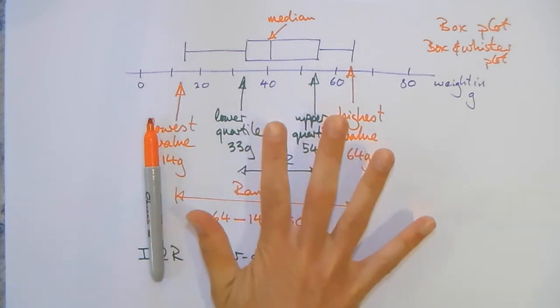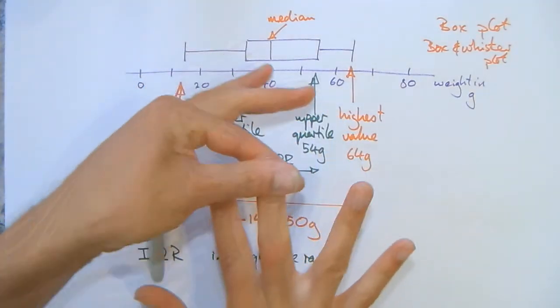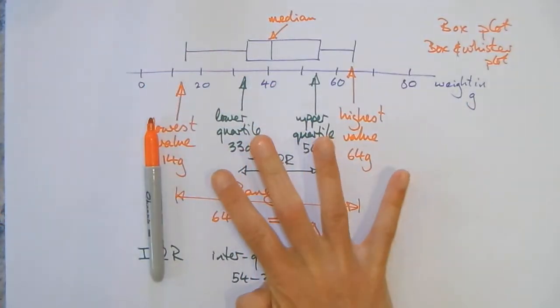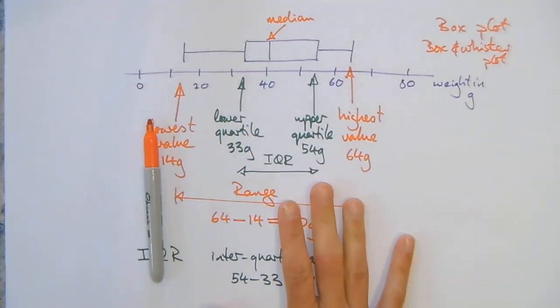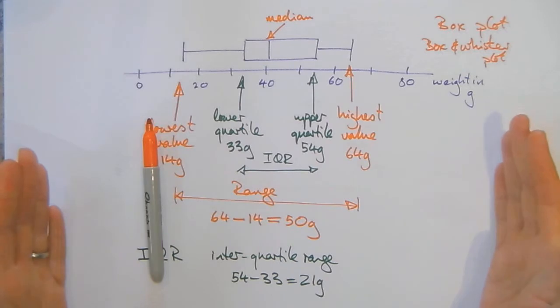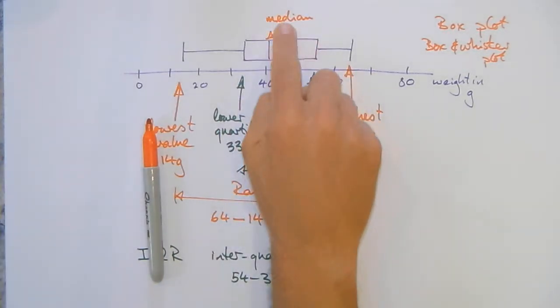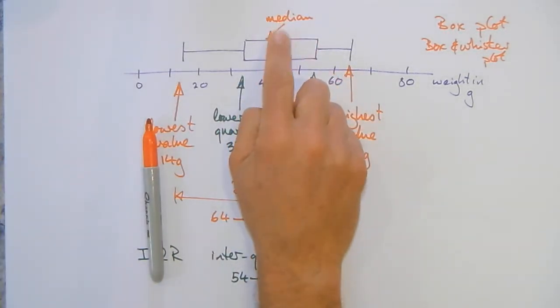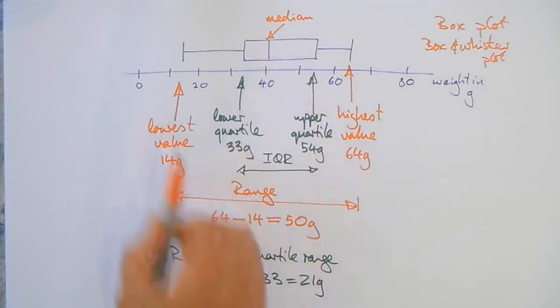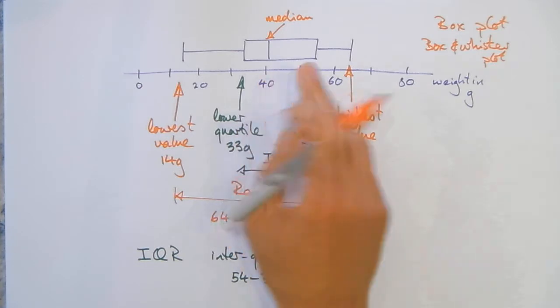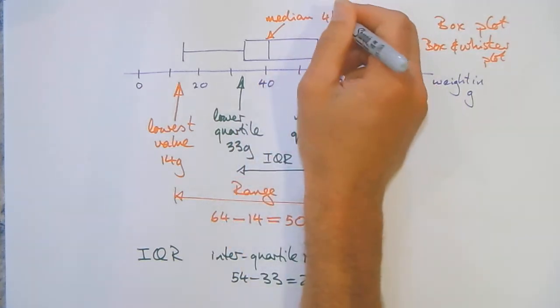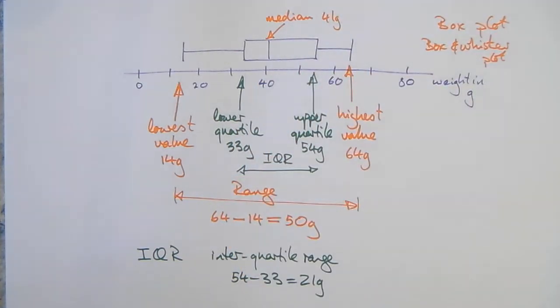If there were 5 values, it's the 3rd value. If there are only 4, it would be the average of the 2nd and 3rd. If there's 100, might get away talking about the 50th value, okay? The median, bang in the middle, which in this case I'm going to say is 41 grams.